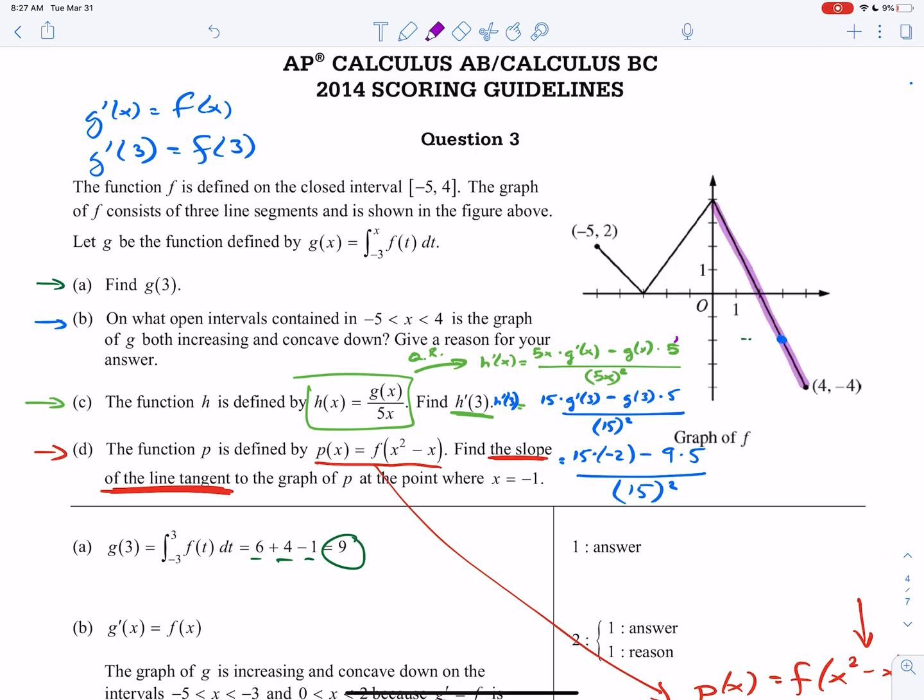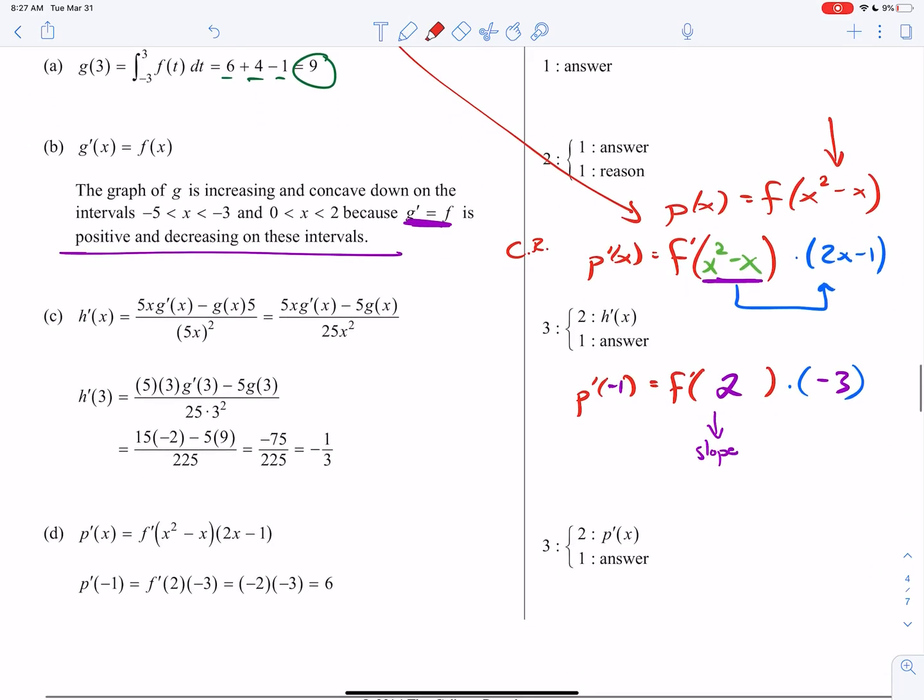So however you want to do it, you could pick 2 points and then find the slope analytically, or I would probably just do rise and run. I noticed that it goes down 4 and over 2. So my slope is going to be down 4 over 2. Down 4 over 2 times negative 3. I would just leave it there. That's it.